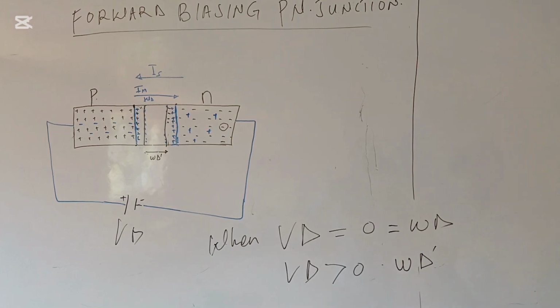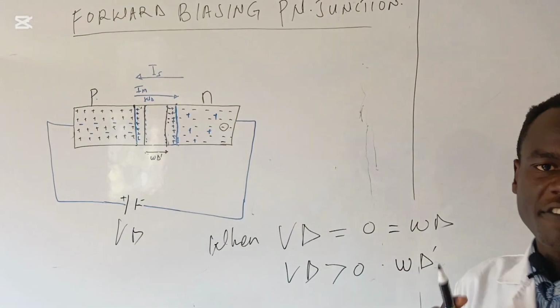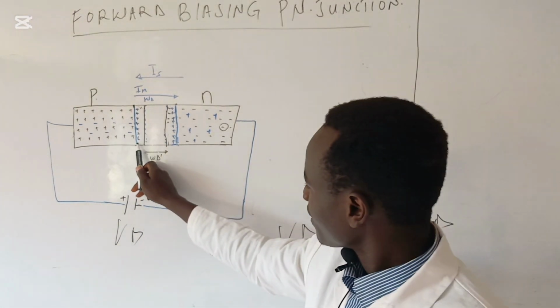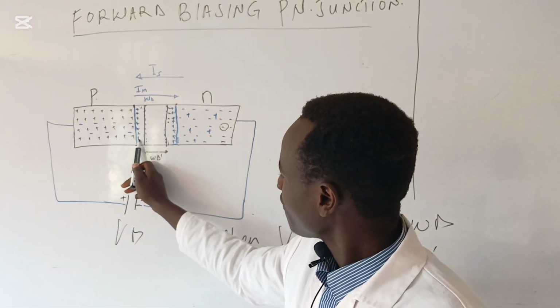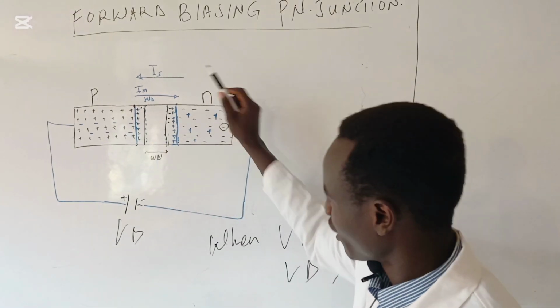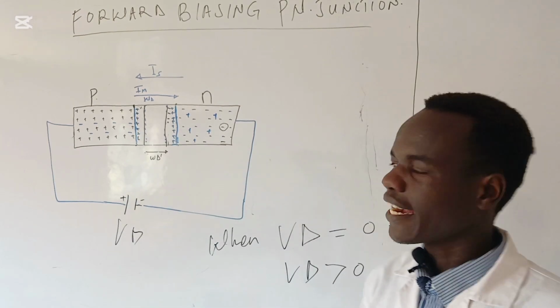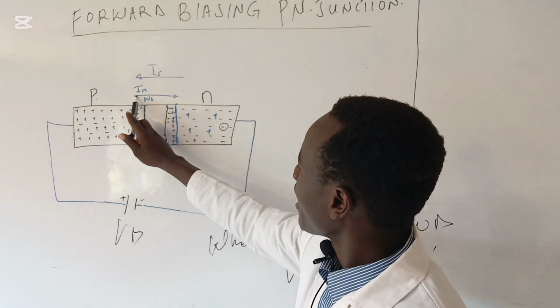Now, also in this p-n junction, we said previously that the negative ions are on the p side and the positive ions are on the n side of the junction, and there is current. We have the diffusion current, which I've labeled as I majority.